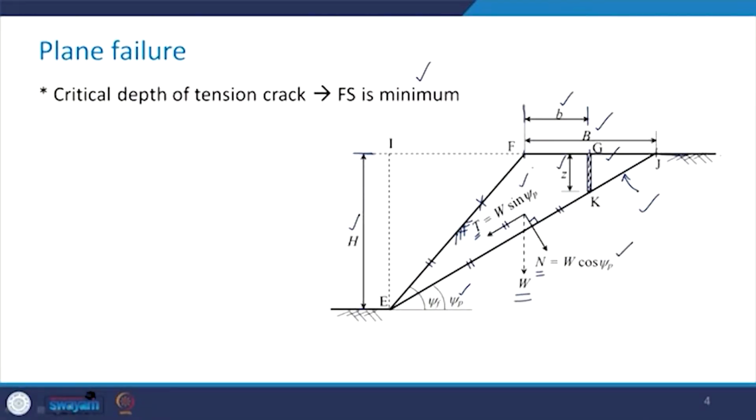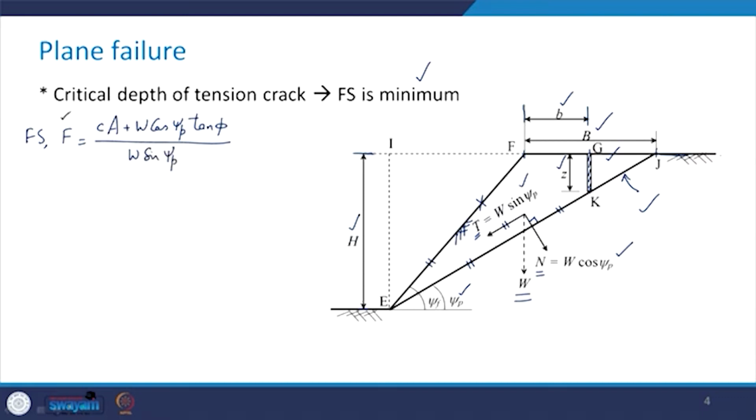So, from the previous class we take the expression for the factor of safety. We saw that this factor of safety, which we represented by F, can be written as C into A plus W cos psi p tan phi divided by W sin psi p.